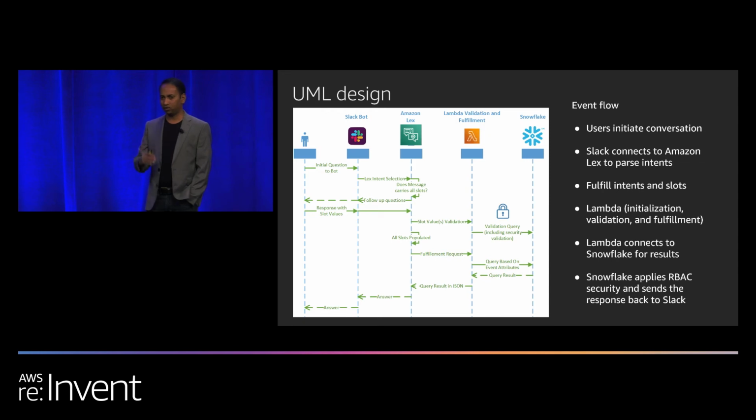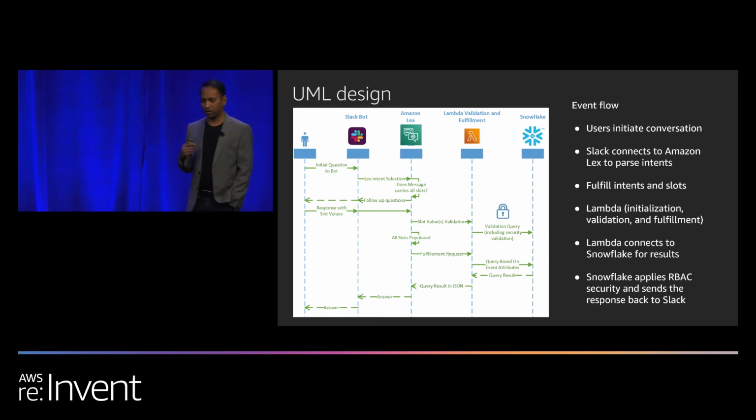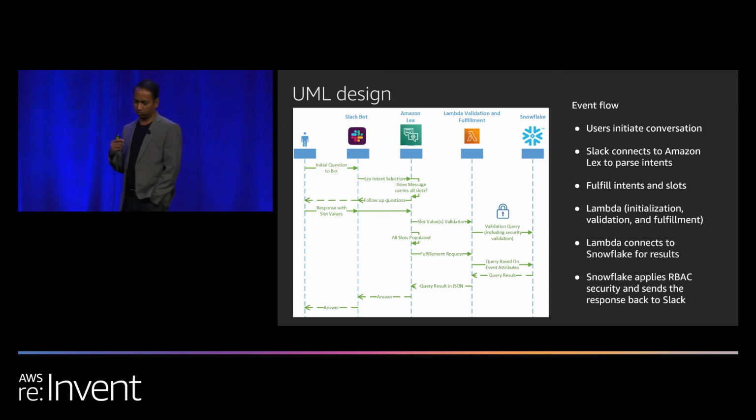So we went through multiple iterations to find the right fit for us. If you're planning to use Lex, something you may want to focus on is how you want to frame your intents and how you want to organize them. That's number one. The second thing is, when you build Lambda functions, make sure you create layers to reduce your executable size.